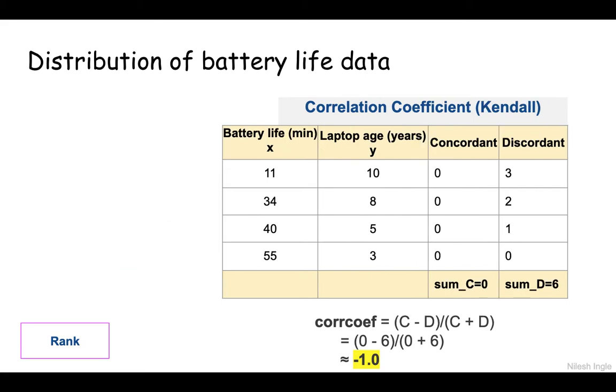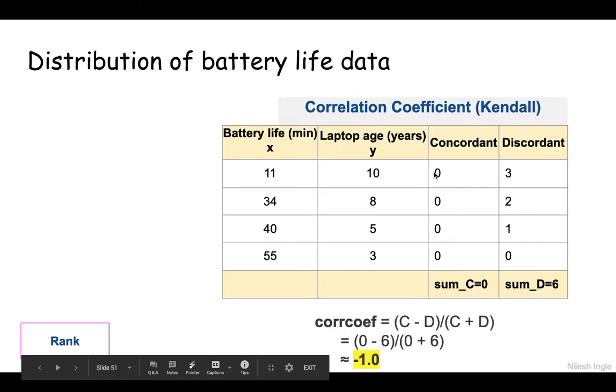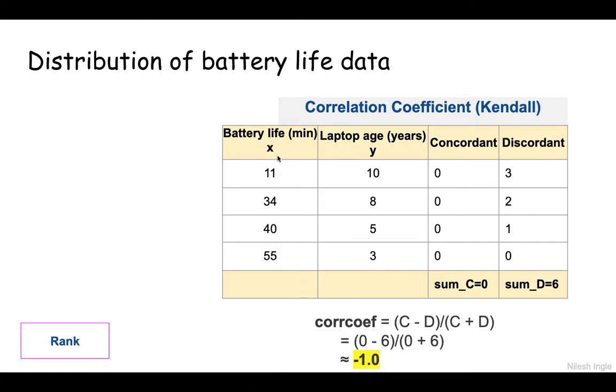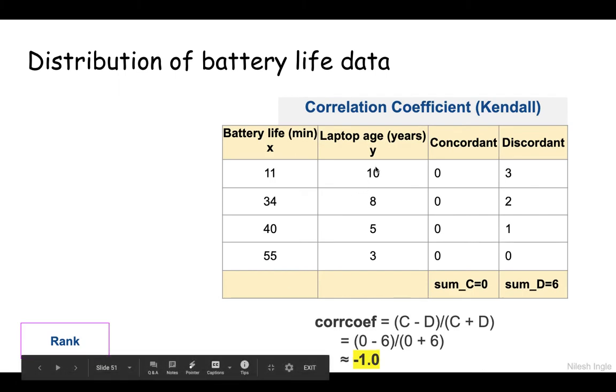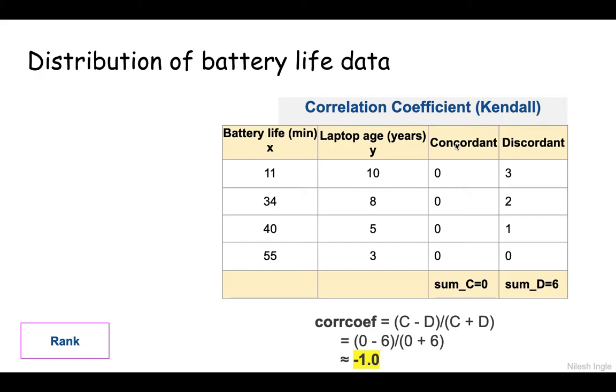Similarly, there is the Kendall correlation coefficient. This also talks about rank, and here the method is slightly different. We have two variables, and we sort one of them in ascending order and then take the other one to create data points for concordant and discordant columns.